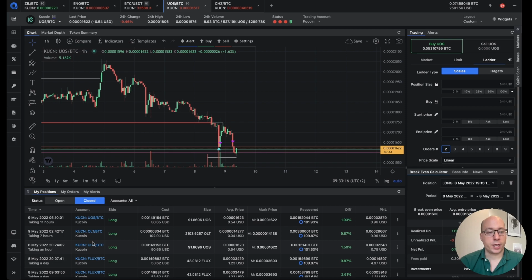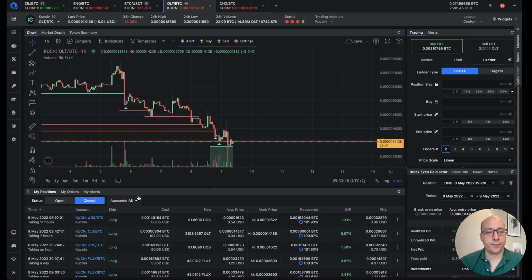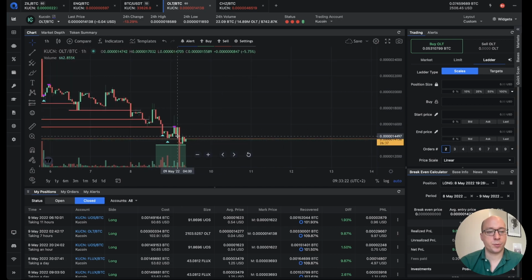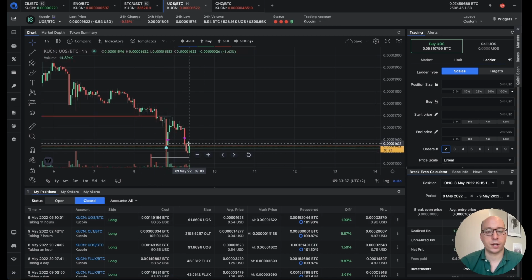Then we look at OLT, and OLT was a nice 10% trade with 2 buys, so a nice profit, $10. And that's how we close it off, because the US was already stop loss.